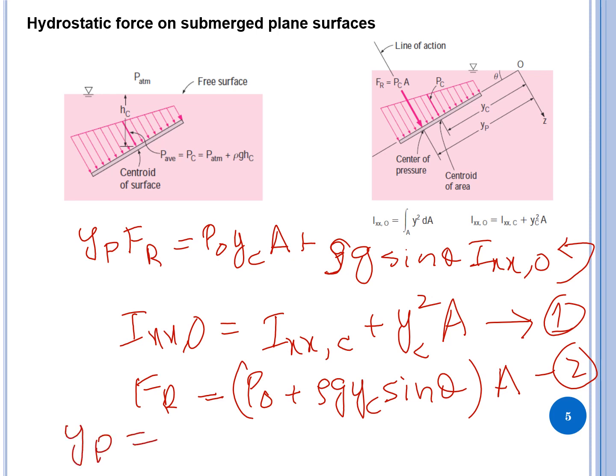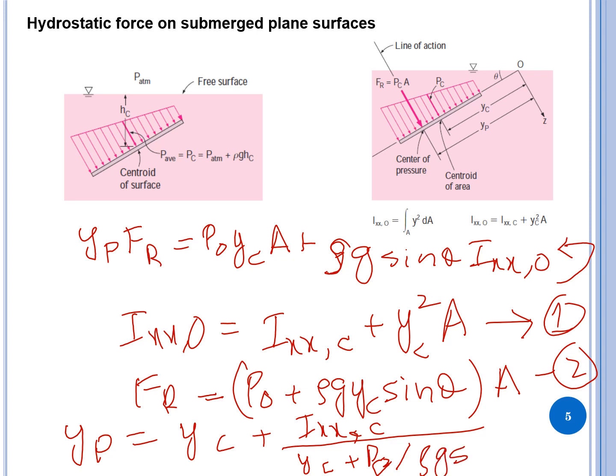We get Yc plus Ixx,c all over Yc plus P naught over rho g sine theta times A.